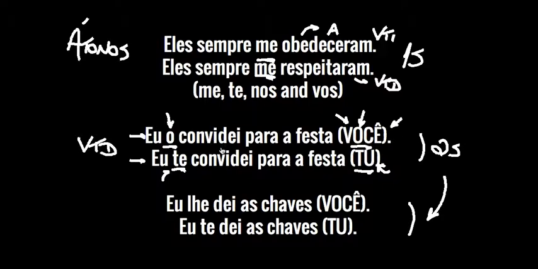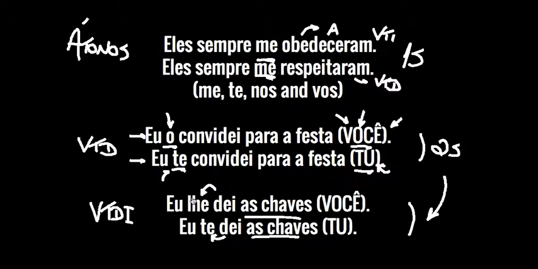If we want to use the pronoun você, we use o. On the other hand, here we have a direct and indirect verb. The direct object is as chaves, which are the keys, but then we have the indirect object.